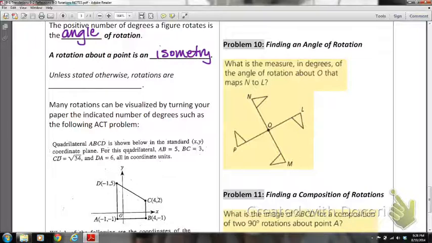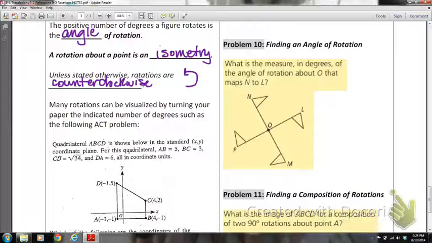It's important to note that unless it tells you otherwise, all rotations are considered to be counterclockwise. So remember, counterclockwise is to the left.